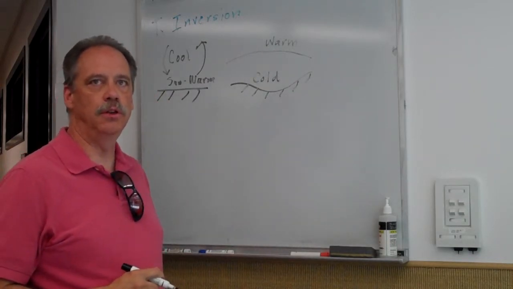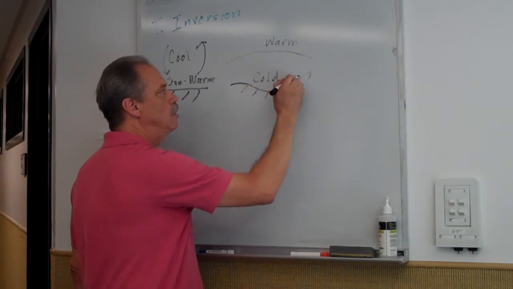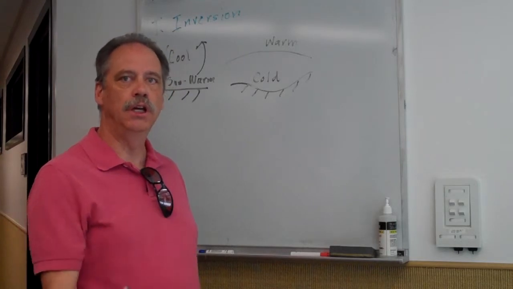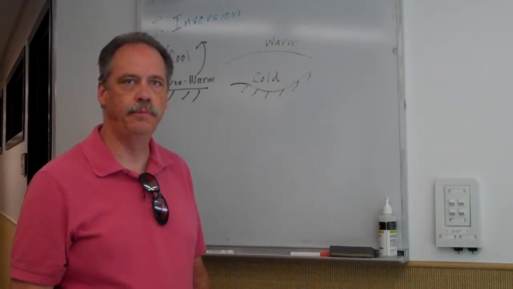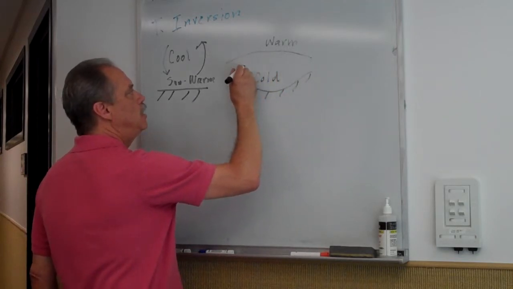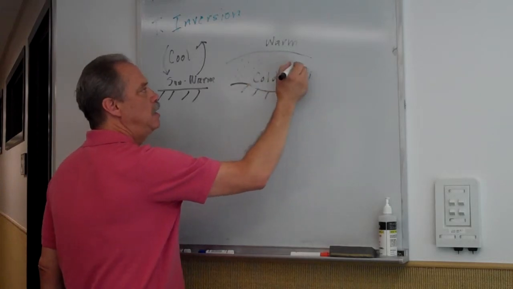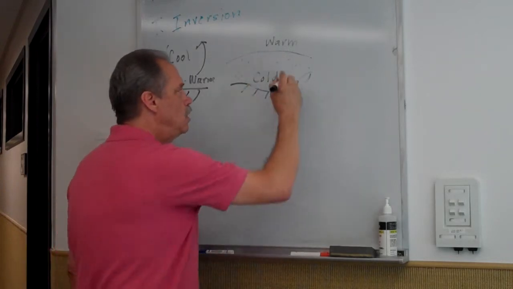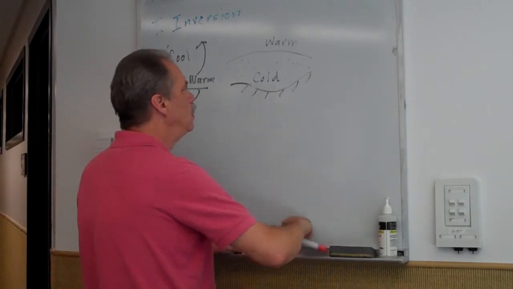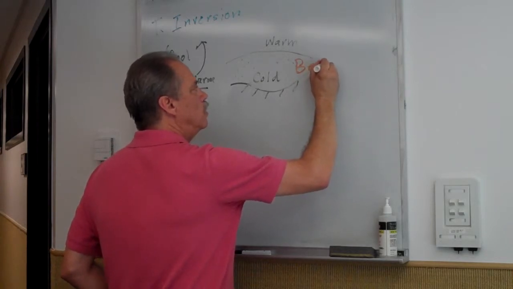And so the sunlight that hits the ground is not sufficient to warm the ground or the air, and so we don't get vertical mixing, and we call this an inversion. And as a result, you can imagine that pollution gets trapped in that cold air layer, and ultimately, I'm going to use a different color here, we get the brown cloud.